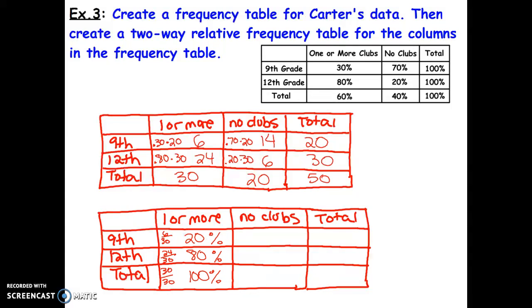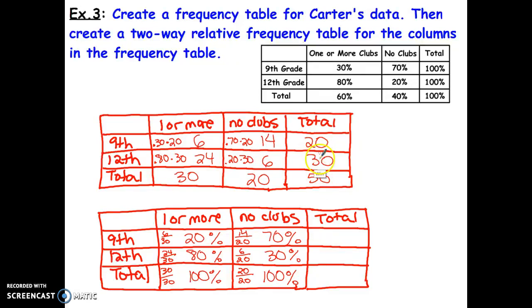Now let's look at the no clubs. So that'll be 14 divided by 20, 6 divided by 20, and 20 divided by 20, which we know is 100%. So 14 divided by 20 is 70. And then 6 divided by 20 is 30%.